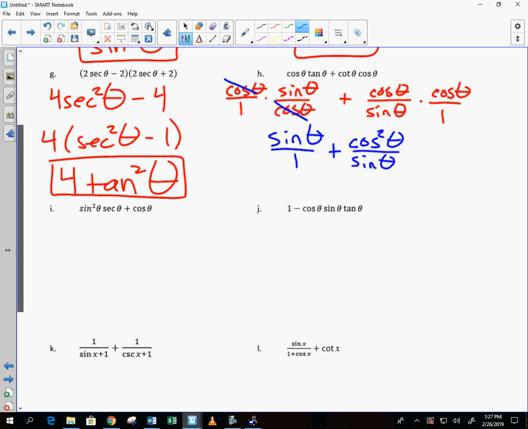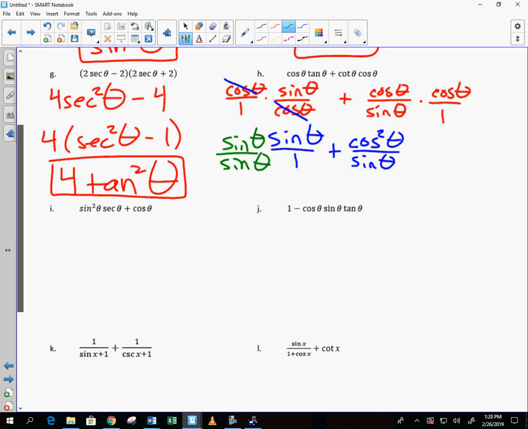What I really wanted you to recognize is that the cosine squared pops up. See, it's good to get a cosine squared, isn't it? Because we like squares. Oh, what do you notice now? So I find common denominators, sine of theta over sine of theta. Then what happens?